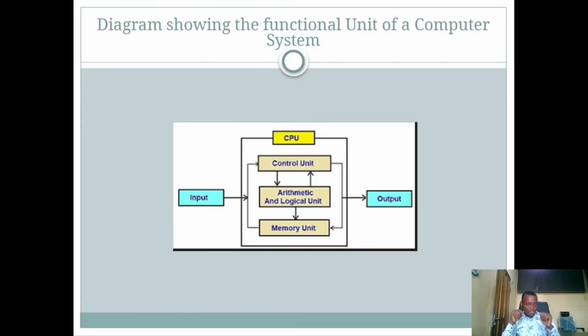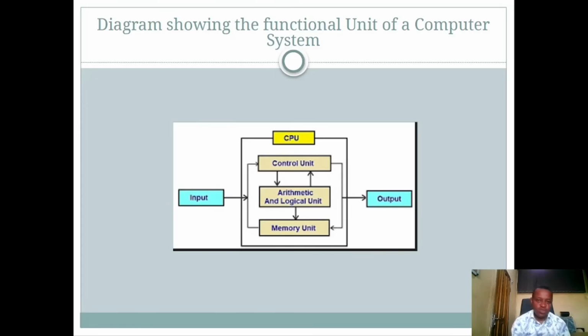So therefore, when data comes in through the input unit, it goes into the central processing unit for processing, then it goes out. The information goes out to the immediate environment or to the users through the output unit. If you look at the diagram there, you would discover that the CPU has 3 subunits.